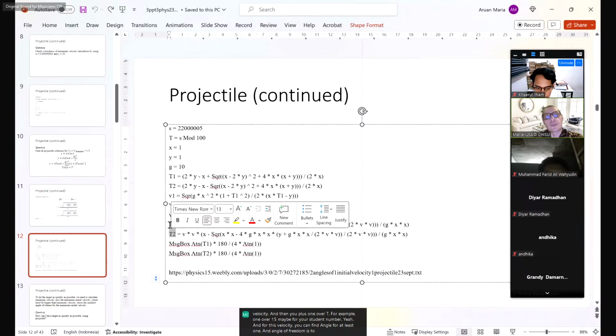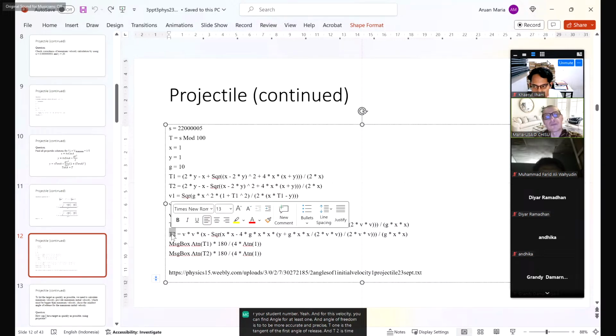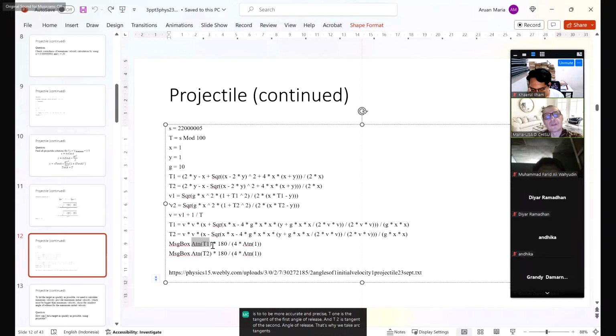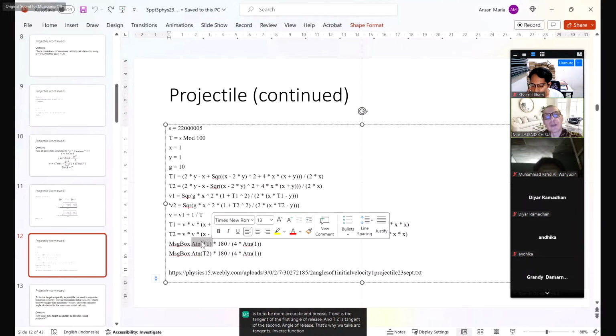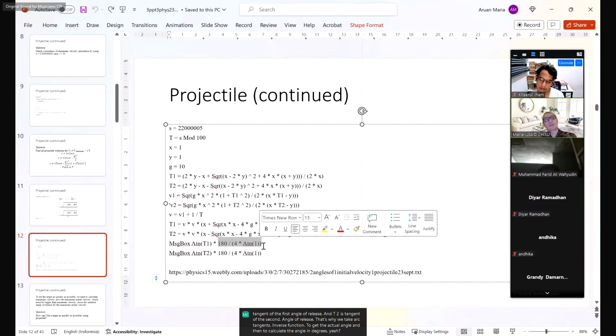To be more accurate and precise, T1 is the tangent of the first angle of release, and T2 is the tangent of the second angle of release. That's why we take arctangents, the inverse function, to get the actual angle and then to calculate the angle in degrees. Please ask me questions. I think you don't understand.